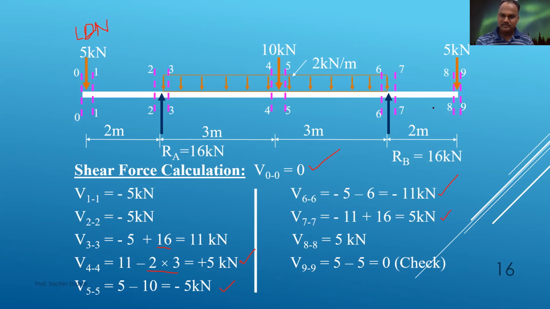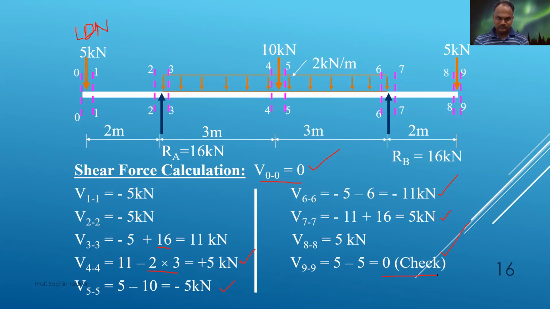And up to 8-8 there is no force, so 5 kilonewton. And after this force, 5 minus 5 becomes 0. So your first and last must be 0. Shear force calculation will be checked with the help of this. If the first and last points are 0, then your calculation is completely correct.